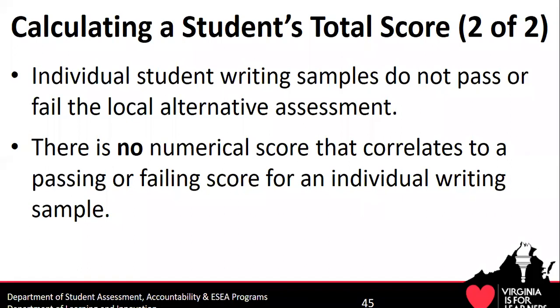So we consistently hear, well, a 2 fails the writing portion, and that is incorrect. Or a 3 passes the writing portion, and that's also not a correct conclusion. There's actually no numerical score. You will have to look at the rubric and evaluate what it's saying about what the student can do based on the score point.